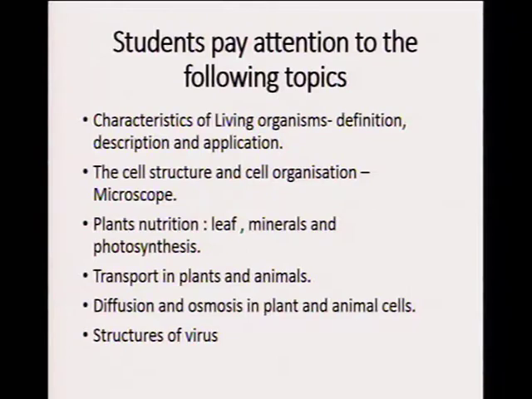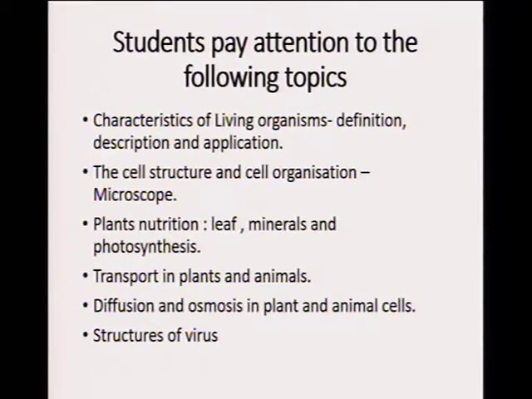Know their definitions and their descriptions. For example, when you look at respiration, there are 2 types of respiration. Know them. Under each heading of the characteristics of living organisms, make sure you go through those notes and understand them.